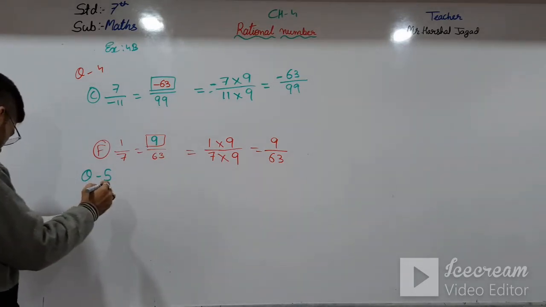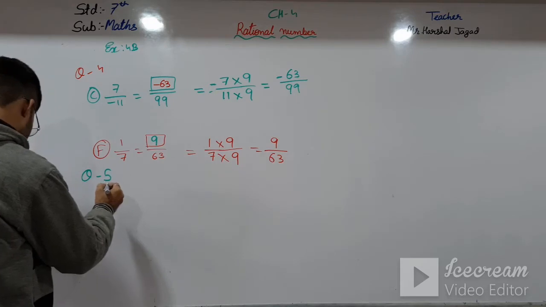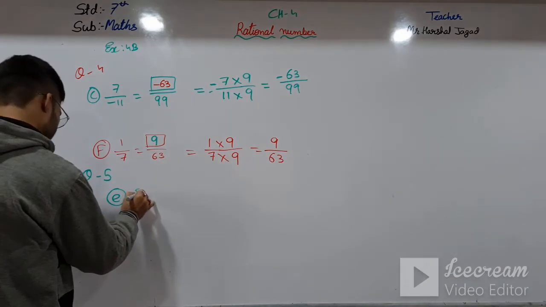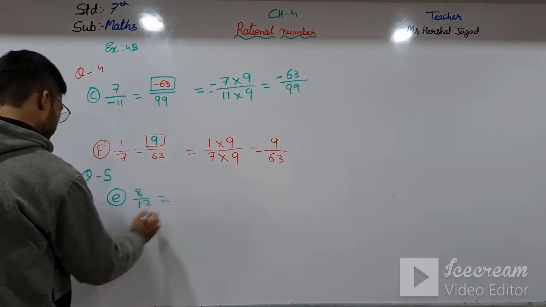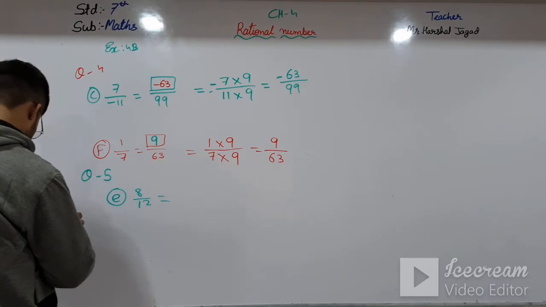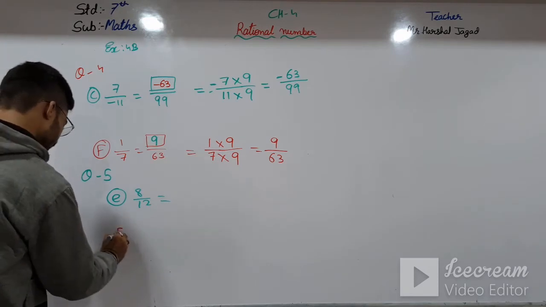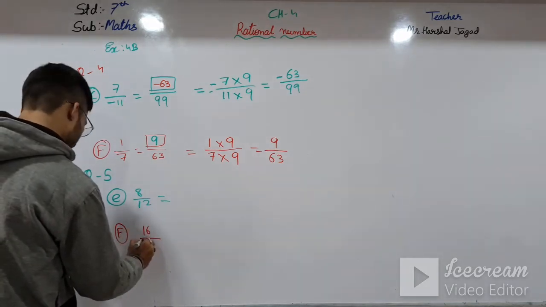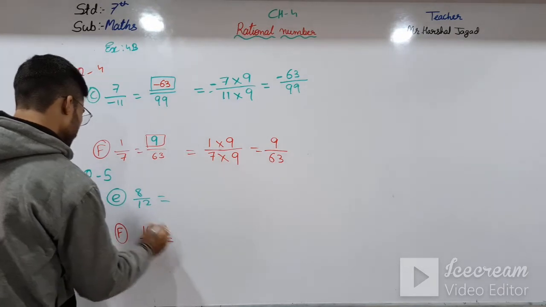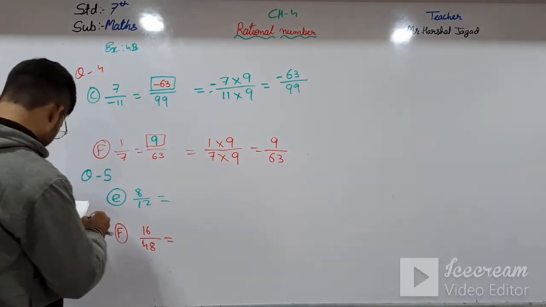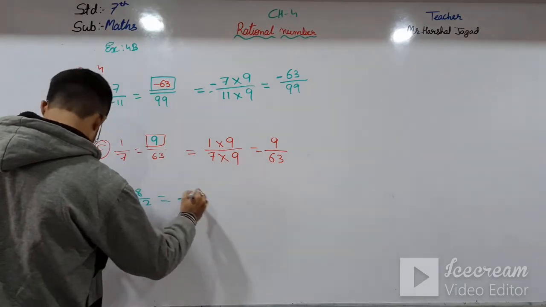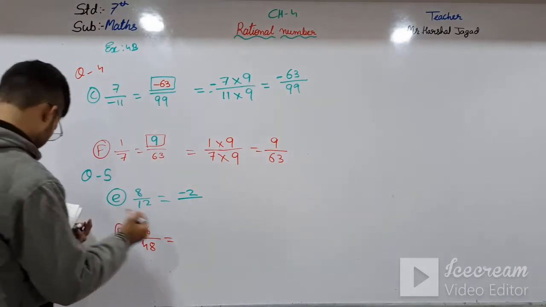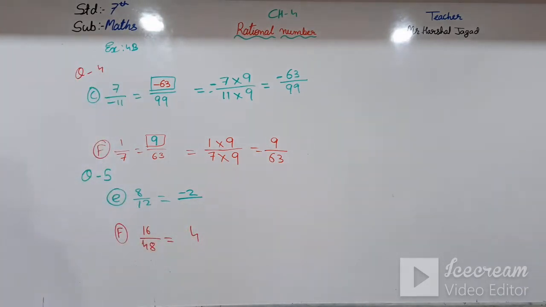So from that I will do E and F. E, that is minus 2 by 4 equal to 8 by dash, and F, that is 16 by 48. They have given minus 2 and we have to find the denominator, and here they have given 4. Okay, so let us do it.